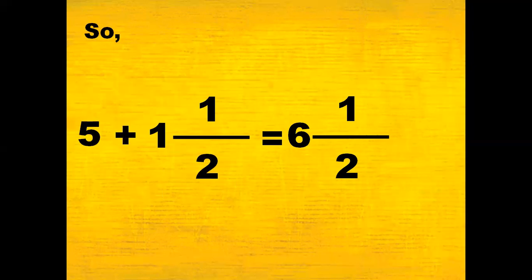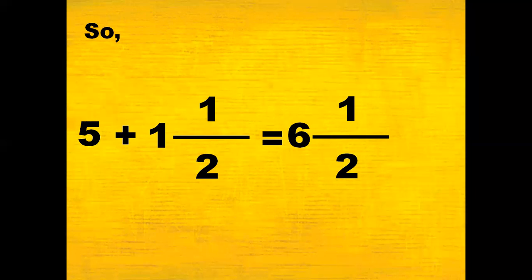So, 5 plus 1 and 1/2 will give us 6 and 1/2. Where do we get 5? We get 5 when we add the whole numbers in step number 1.